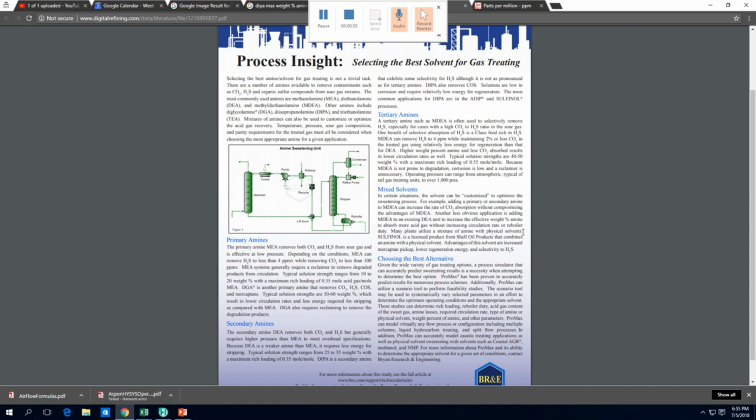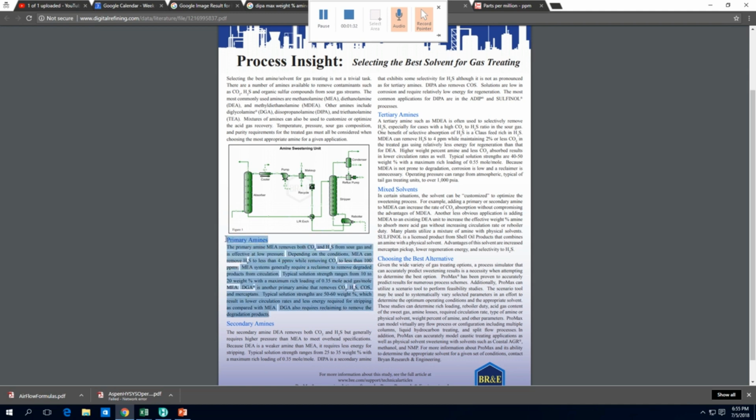The idea of amine gas treating is basically we pass the flue gas into an absorber with some amines, and the amines will absorb some of that CO2, and you can go to a stripper where the CO2 gets stripped out when you heat it up. So we want to see how we can get this done in HYSYS, and we want to compare some of the amines as well.